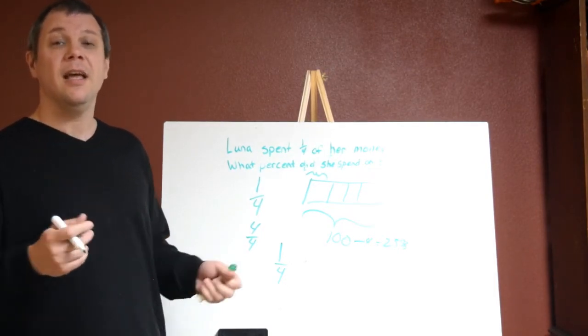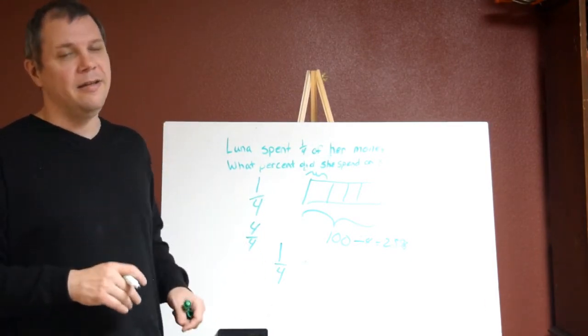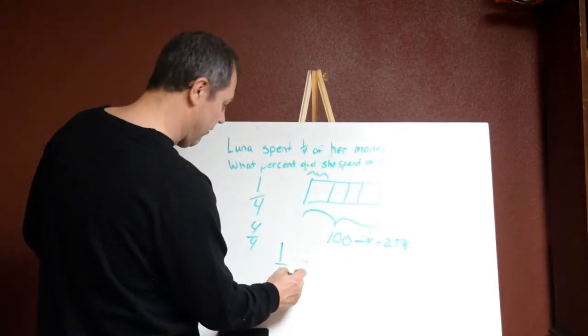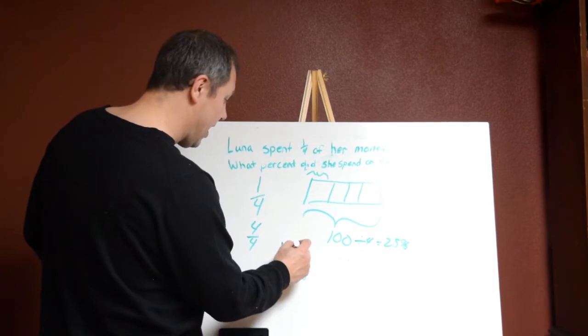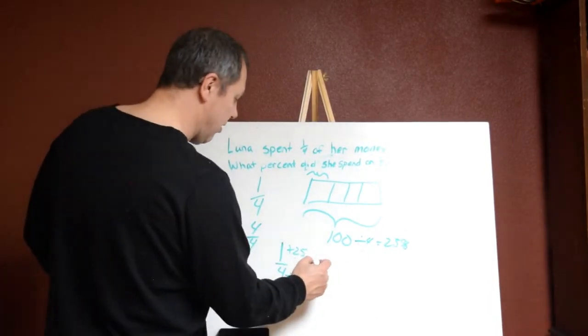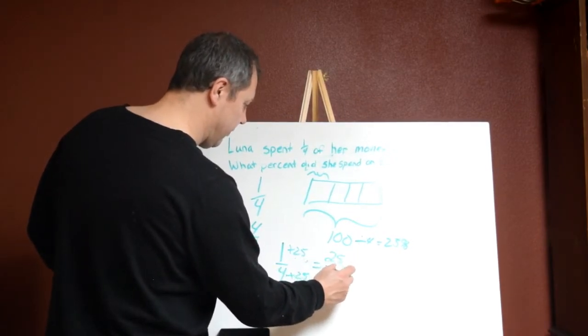To which case, Andy shouts out, 25, Mr. Lesevich! And I say, thank you, Andy. You are absolutely correct. So I'm going to multiply 4 times 25, but I'm also going to multiply the numerator by 25. And the answer that gives me is 25 over 100.